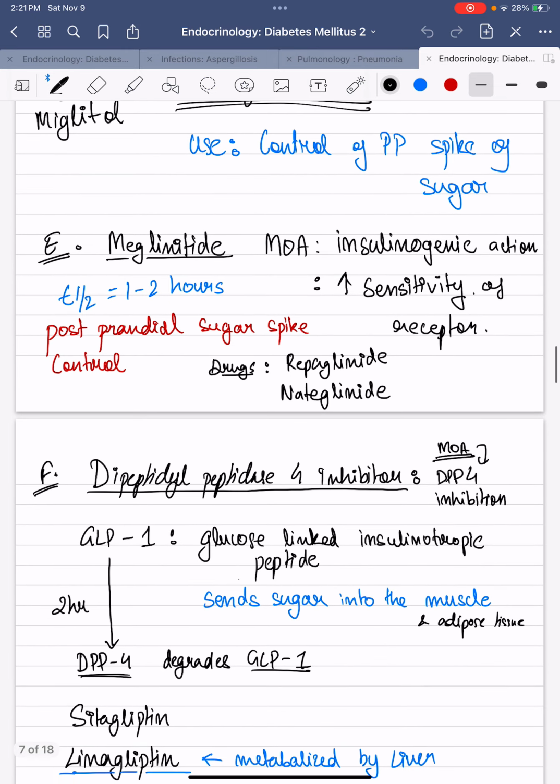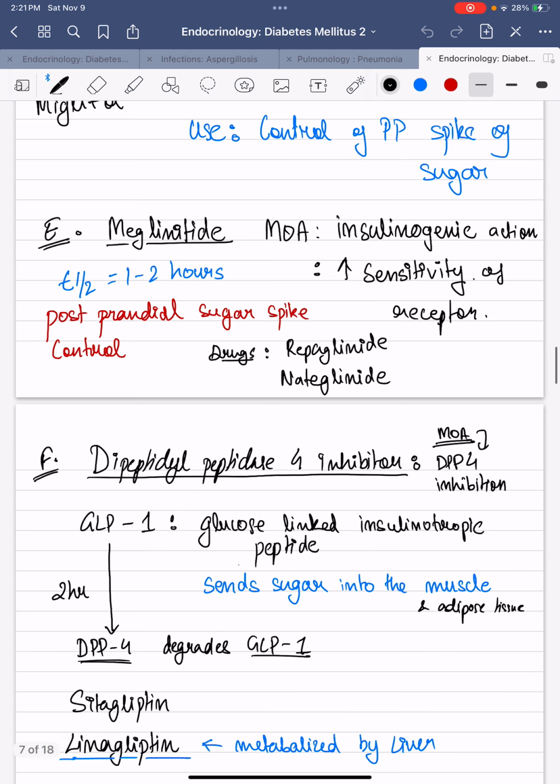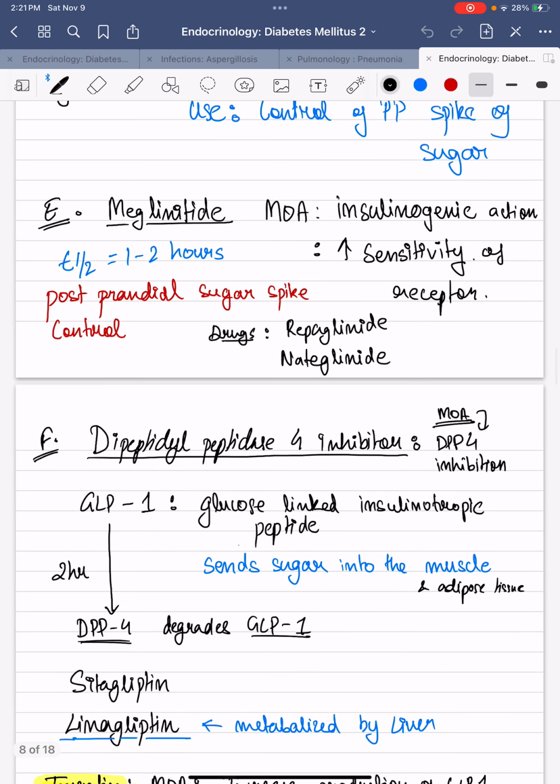The next class is meglitinide. So the mechanism of action of meglitinide is also the same as sulfonylureas. It is an insulinogenic drug, and because of being insulinogenic, it increases the sensitivity of the receptors. The half life of this drug is 1 to 2 hours. It is used for postprandial sugar spike control, just like alpha glucosidase inhibitors.